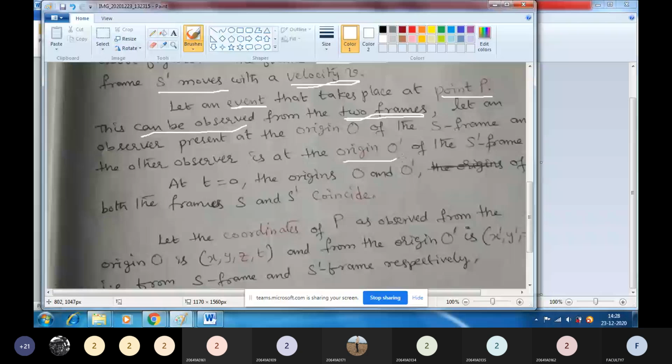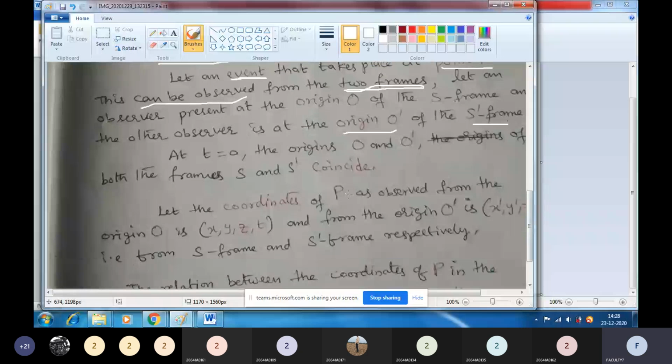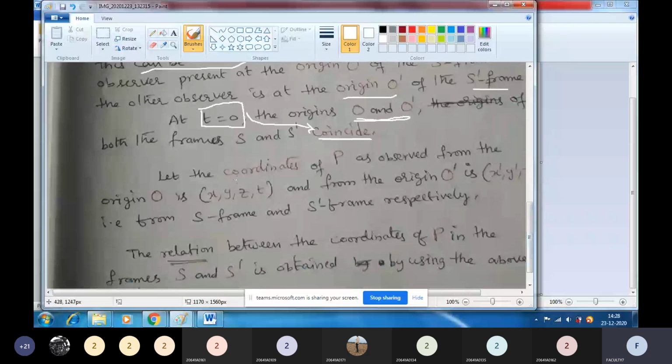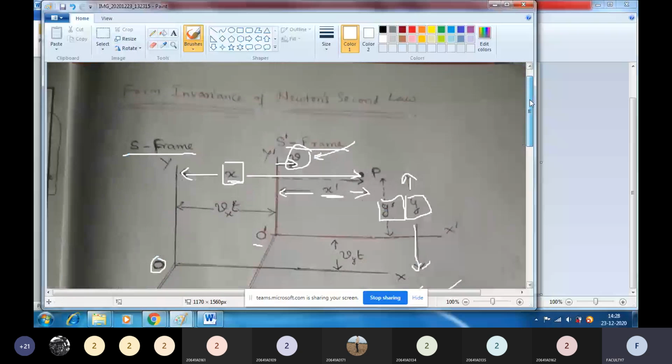Now refer to what I mentioned here. What is t equal to 0? If both the origins are at the same point, if they are coinciding, then that particular time is considered as t naught. Both the origins coinciding means that particular time will be t naught. Now the next points we wrote here regarding the coordinates. If you refer to the diagram, you can write the sentences.